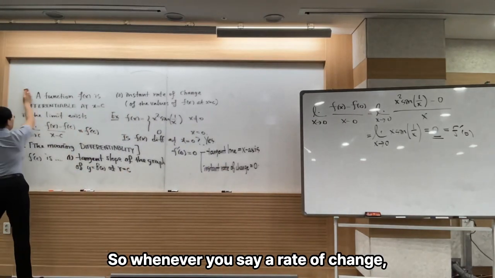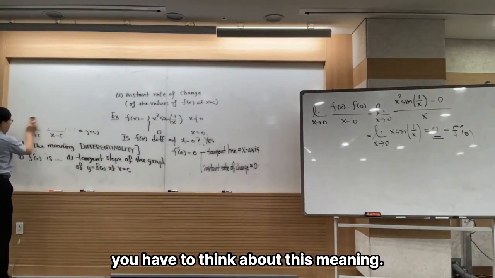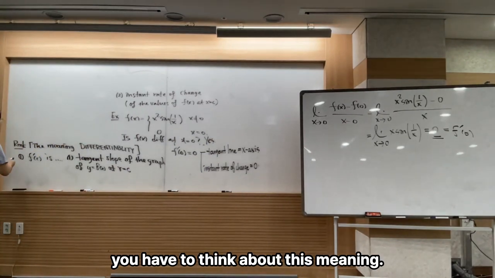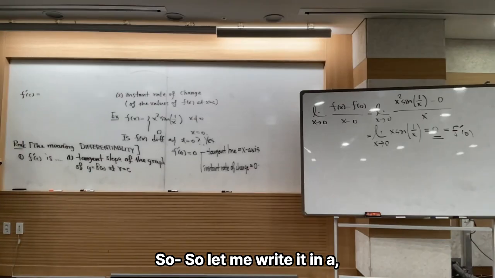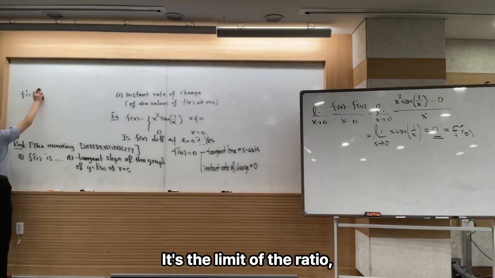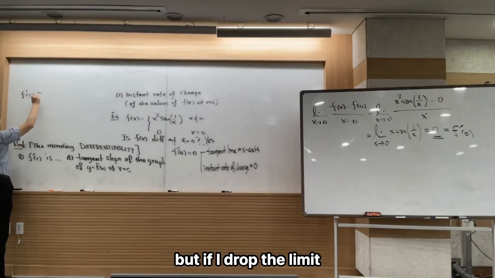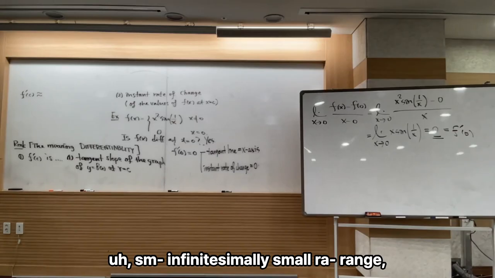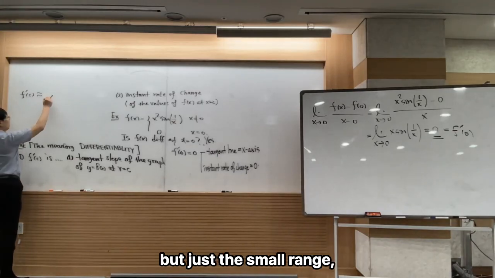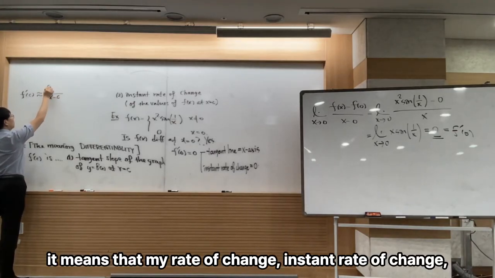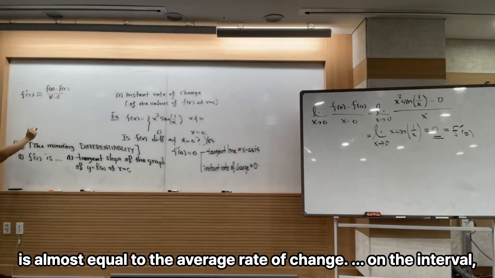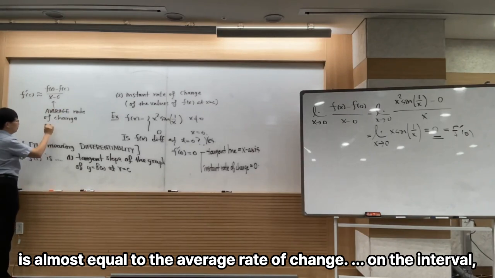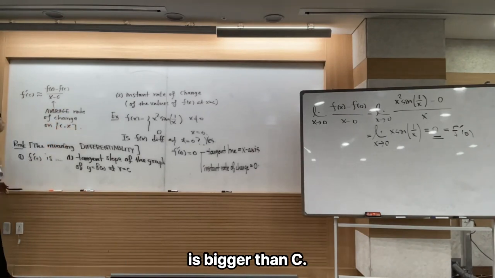So whenever you say a rate of change, you have to think about this meaning. So let me write it in an abstract sense. What does that mean? It's the limit of the ratio, but if I drop the limit and take not an infinitesimally small range, but just a small range, it means that my instant rate of change is almost equal to the average rate of change on the interval, let's say, c to x, assuming x is bigger than c.